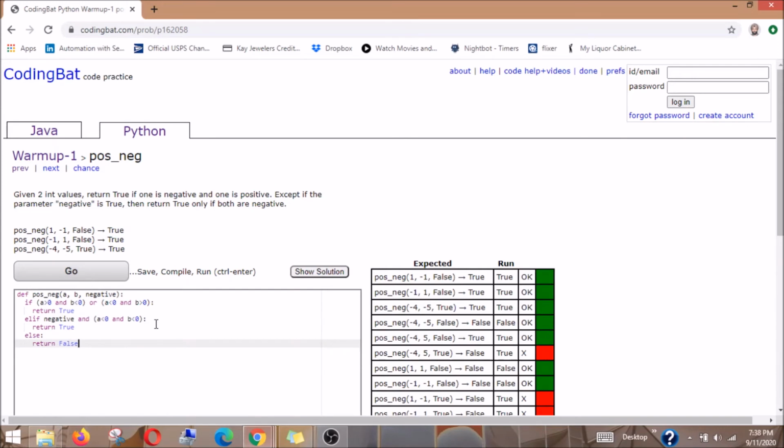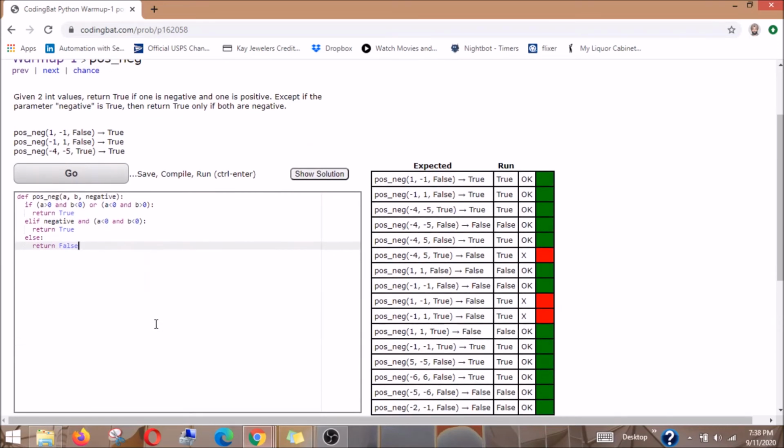Okay, oh, we are getting an error. So my thing was giving false for this one, but, no, my thing is giving return true. Okay, so where are we missing?